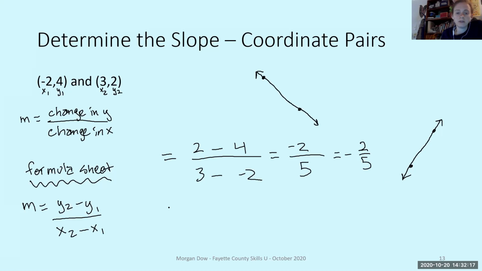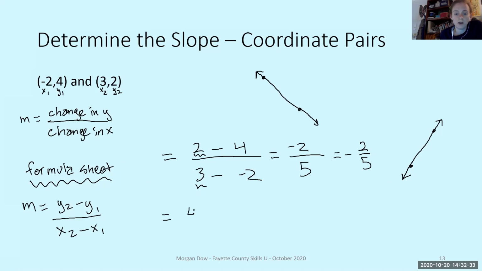What would happen if you flipped around the order of those points? So I started with my second point first, the 2 and the 3 first, and then I subtracted the first point. Would you get the same answer if you did it in the opposite direction?